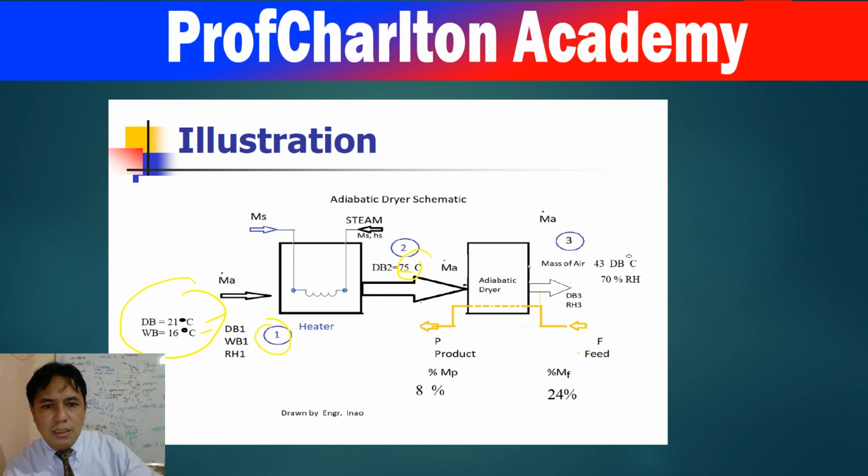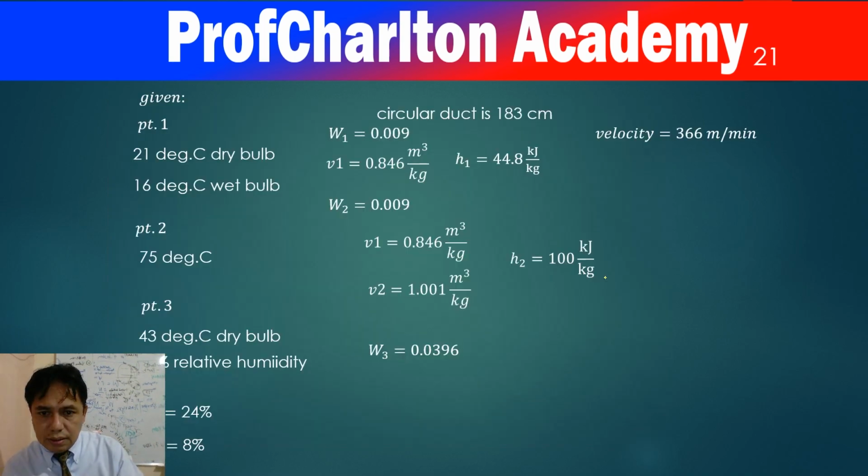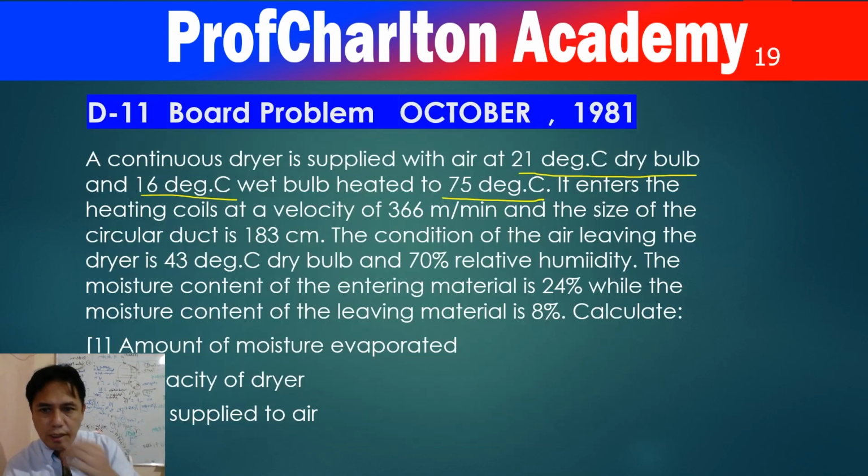Here is point 2 entering the dryer, then leaving the dryer is this. It has 43 degrees dry bulb temperature and 70% relative humidity.